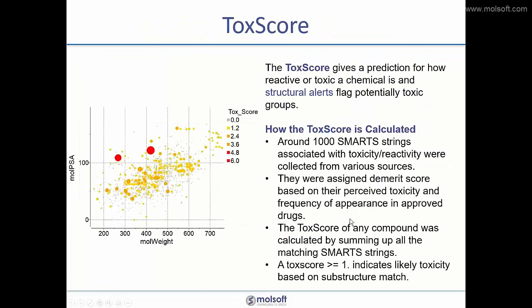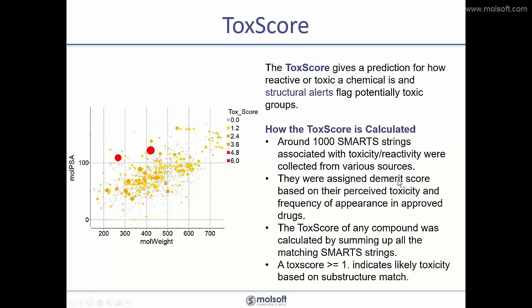So we'll start looking at the first model. The first model is called the ToxScore, and ToxScore gives a prediction of how reactive or toxic a chemical might be, and it also provides you with a structural alert as well. So it flags potentially toxic groups. The model was built based on 1,000 SMARTS strings associated with toxicity and reactivity, which were collected from various sources.